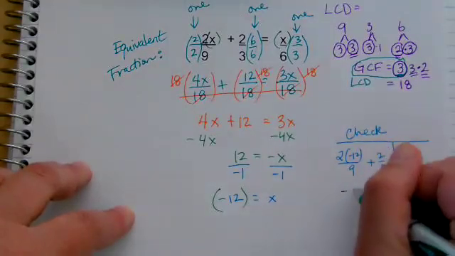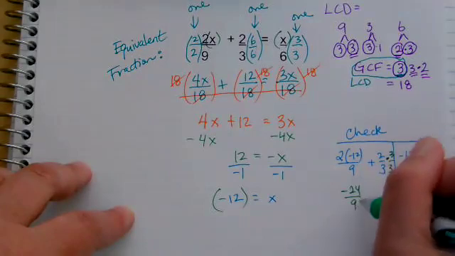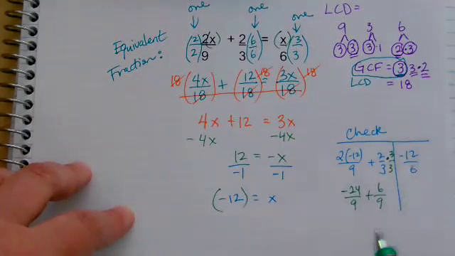So now I get -24 over 9. And if I want to add that, I should probably make an equivalent fraction here. So I'm going to make the 2/3 into 6/9. Is that okay? 6/9. Do you see how I did that?